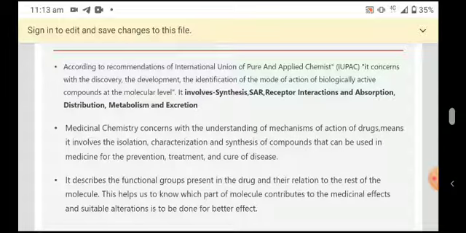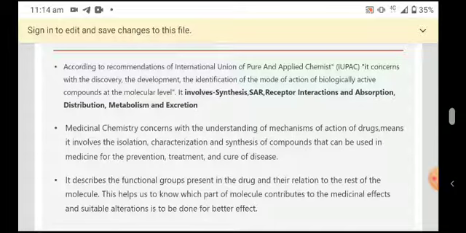So all this information is obtained from medicinal chemistry. It is concerned with understanding the mechanism of action of drugs, their isolation, characterization, synthesis and also the use of the drug for the prevention, treatment and cure of disease.